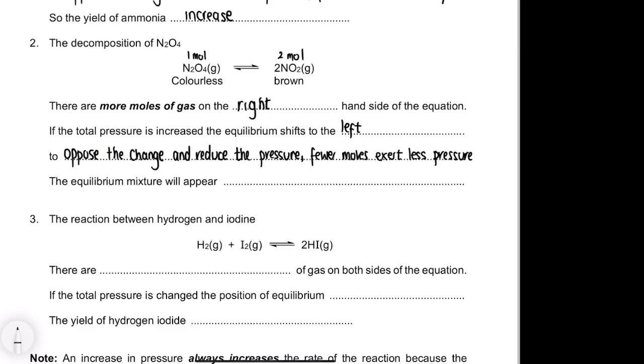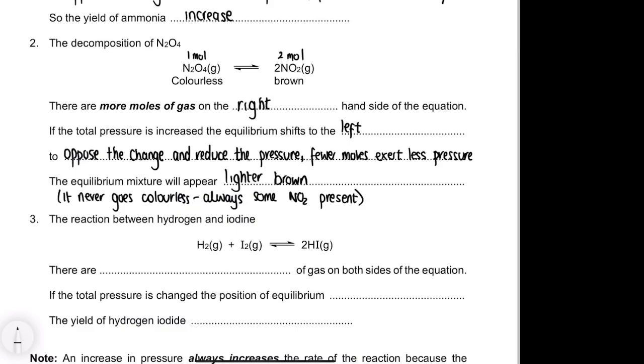It was a mixture of brown and colourless, which is going to look kind of pale brown. But if we go left, we're going to look much paler. So it's going to go lighter brown. Okay, so we're going to write ourselves a little note about that. It's not going to go fully colourless. Okay, so it's never going to go fully colourless because there's always some NO2 present.